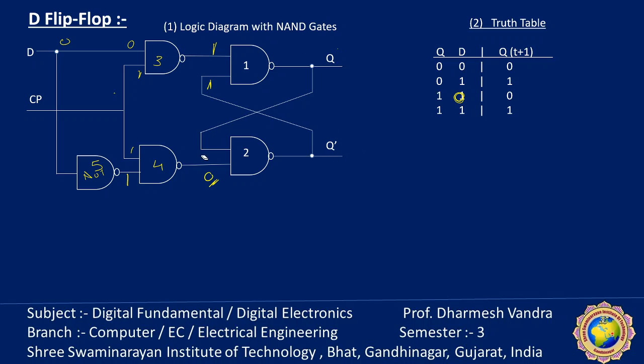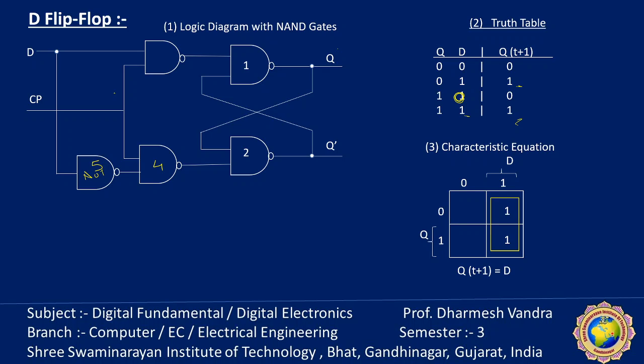So what we found from the truth table is that whatever the D value, Qt plus 1 is the same as D, it does not depend on Q. When D is equal to 1, Qt plus 1 is 1. When D is equal to 0, Qt plus 1 is 0, so it is simply replicated. So we can say Qt plus 1 is equal to D from this characteristic table.